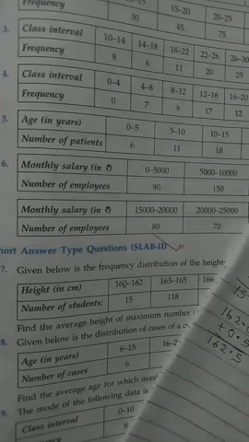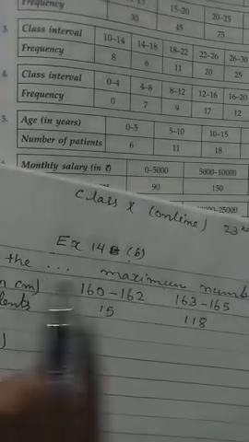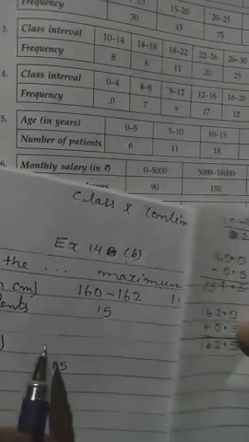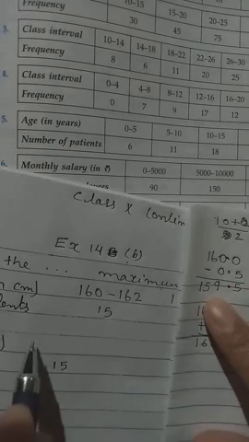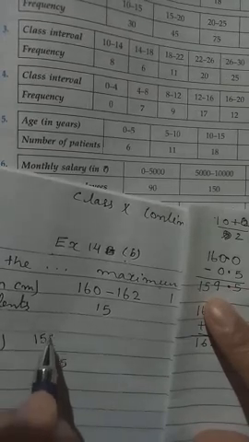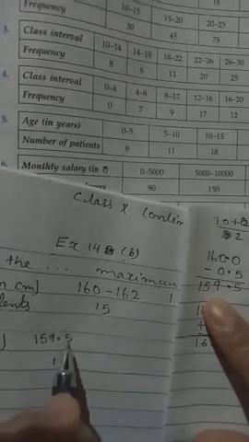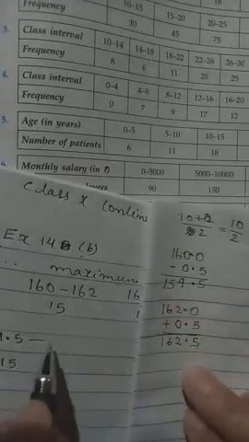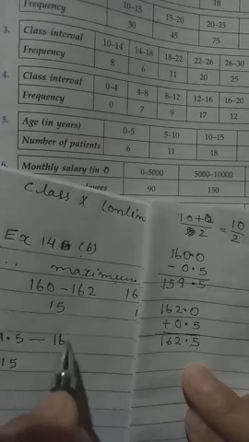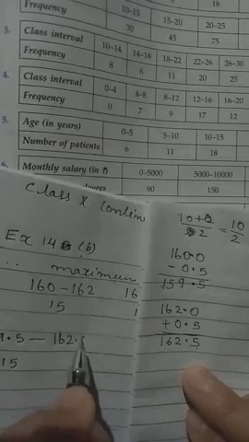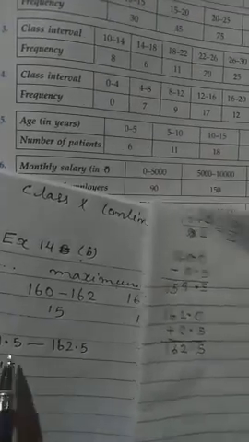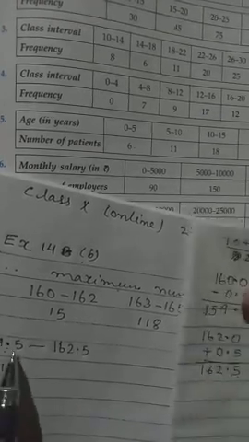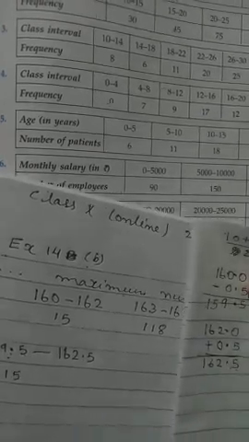Okay, so let's do it. Instead of 160 I have to write 159.5. Then 162 becomes 162.5. Remember, we add 0.5 to the upper limit and minus 0.5 from the lower limit.